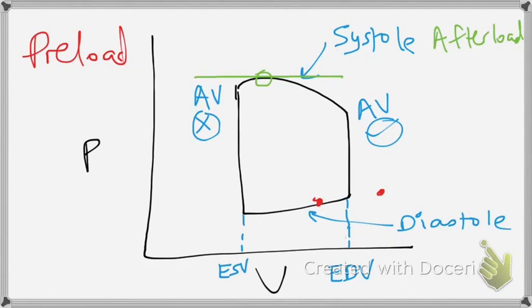So basically when the aortic valve opens at this point, the blood is pumped against the afterload until all the blood from the ventricles is emptied. Now if your afterload is increased, if your ventricles have to pump blood against more resistance than before, then obviously the pressure that they will be pumping against will be more, and the heart won't do as much work as before.